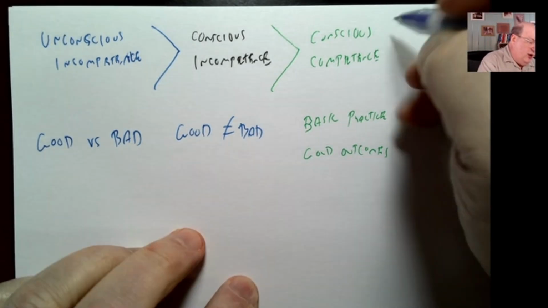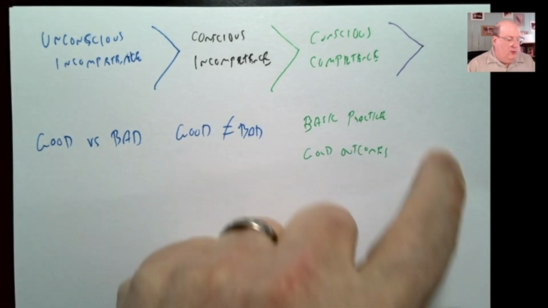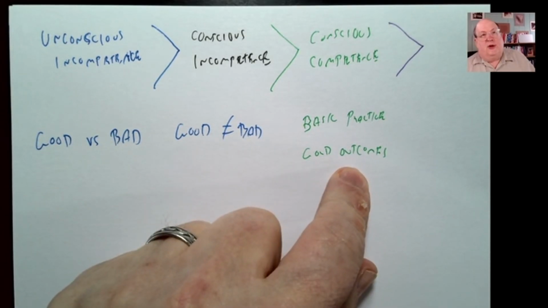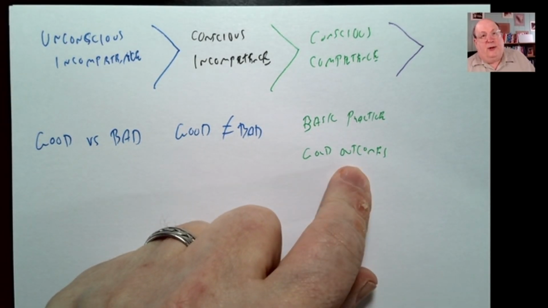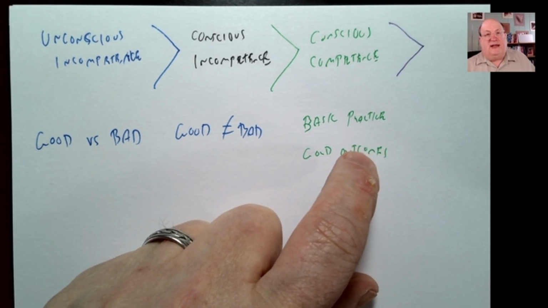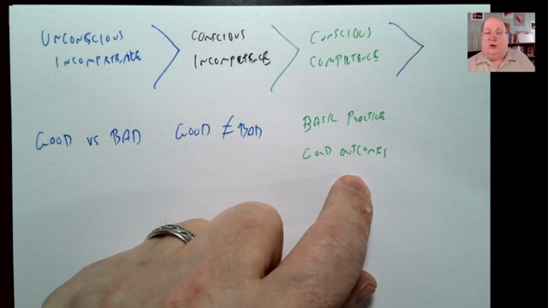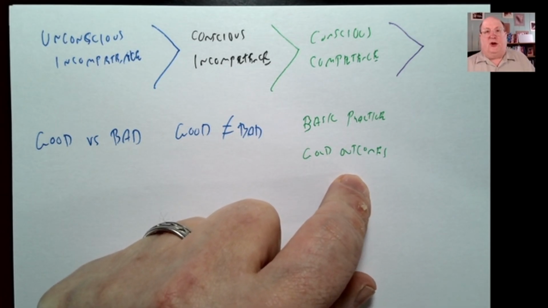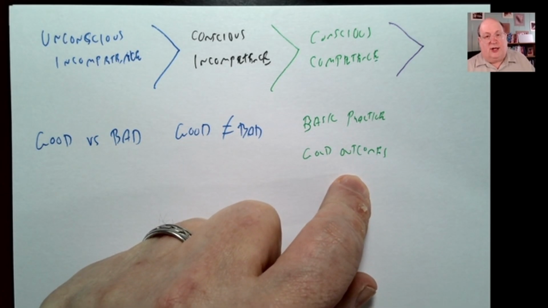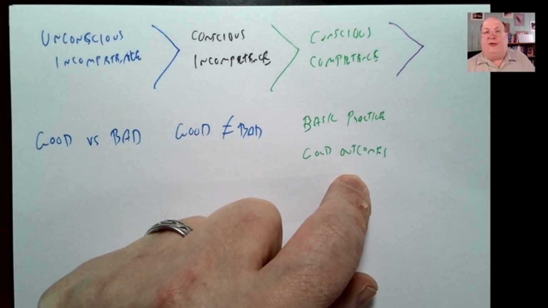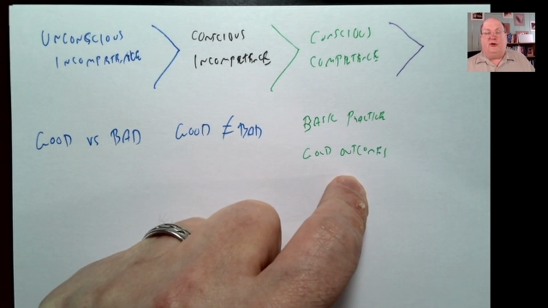But it turns out there's one more inflection point. That one more inflection point happens when you no longer need those support tools. You're now at a point where you can play something decent without having the sheet music in front of you. You can have a conversation without having to think consciously about the construction of every sentence and the vocabulary you're using. You can take a bunch of ingredients and throw them into a pan, and what comes out is pretty darn good because you've learned it and you've internalized it.